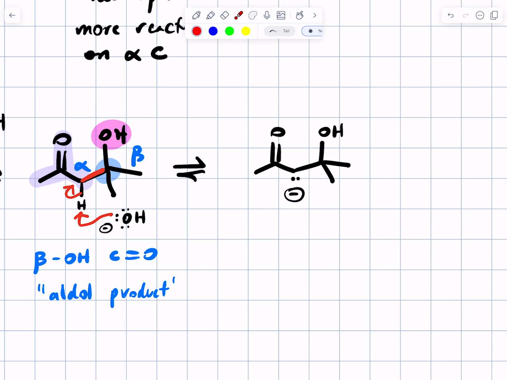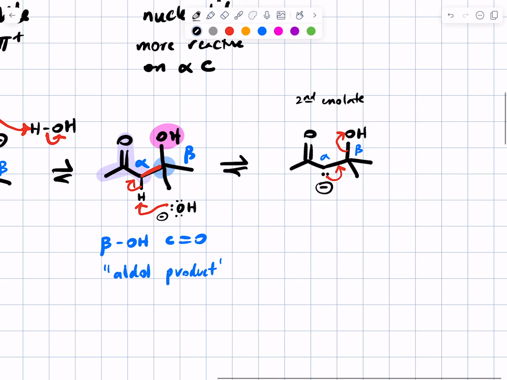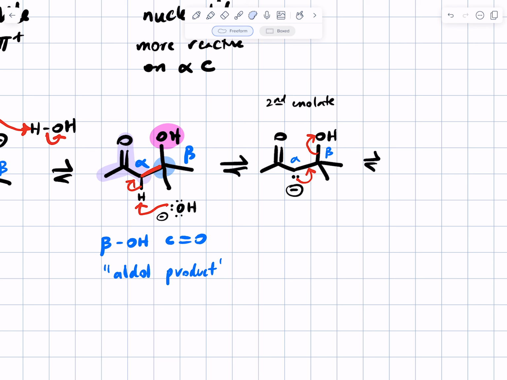What actually happens once you form this second enolate is an elimination reaction where electrons on the alpha carbon kick down and kick off the hydroxy group on the beta carbon. And that generates what's called a dehydrated product, where relative to the beta hydroxy carbonyl compound, we've lost water.